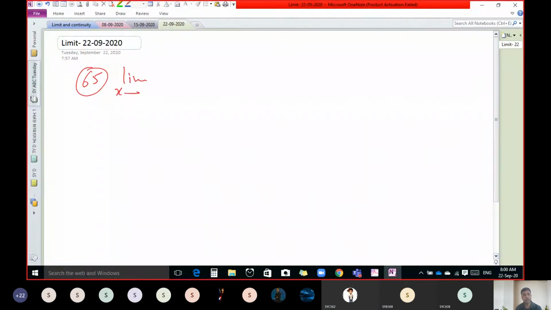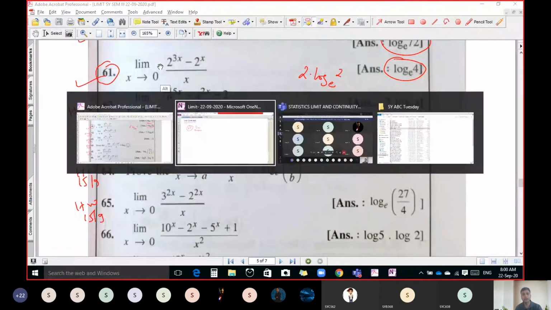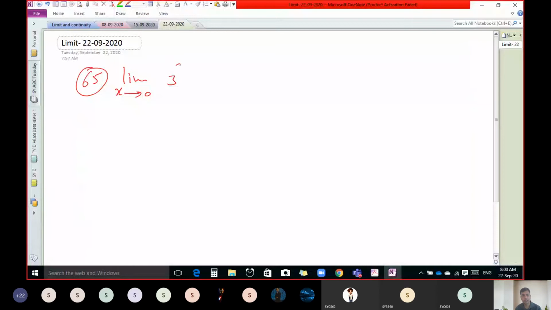Question is limit x tends to 0, 3 raised to 2x minus 2 raised to 2x upon x. So first step, 3 raised to 2x.